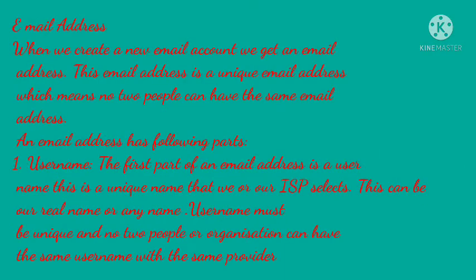When we create an email account, we will get an email address, which is a unique address. That means one email address has only one user and no two people can have the same email address. An email address has three parts and the first one is the username.